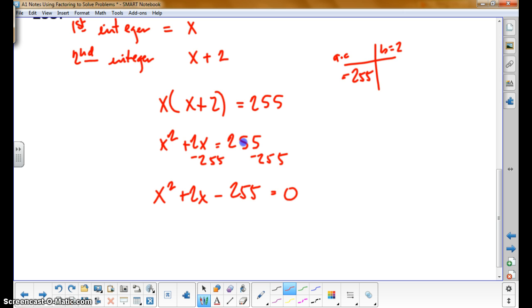Here's our monkey. This is 20 times 23, minus the outer, which is 20x, minus the inner, which is 23x, and that would be plus x squared.